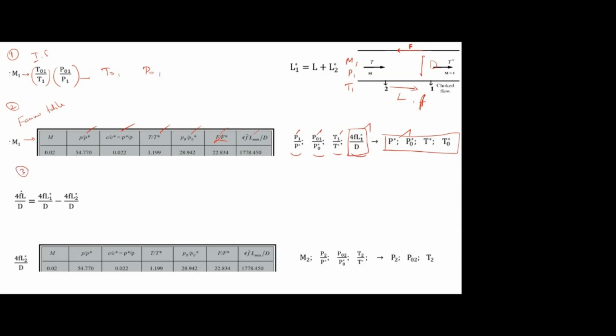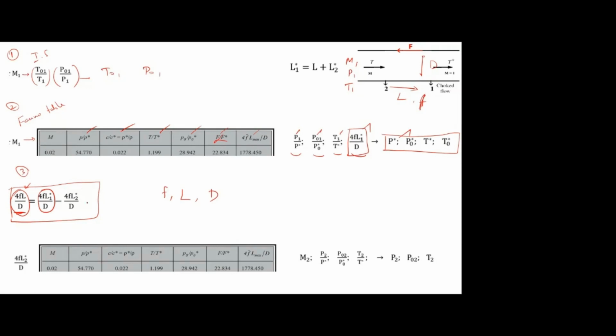Then third step, we have to use this formula 4fL by D. Already I found 4fL1 star by D, and for 4fL by D, they have given the friction coefficient, the length of the duct, and the diameter of the duct. Simply substitute, and this I can find also.